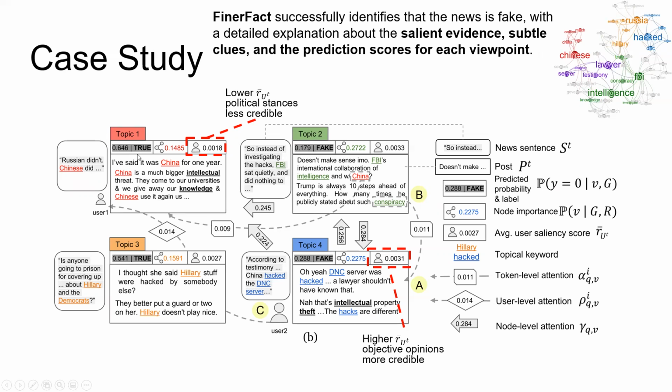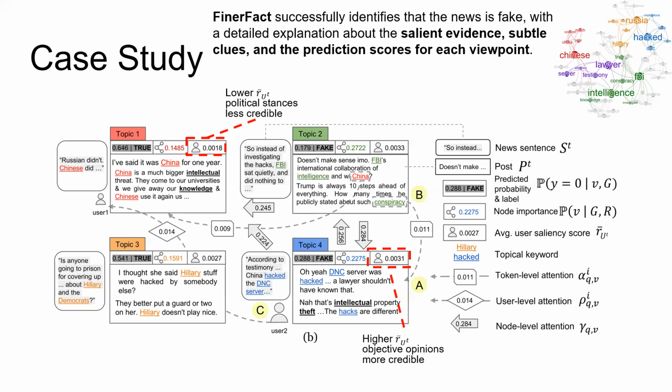A higher score means that the evidence node belonging to this topic predicts that this news is more likely to be true. For example, if we only focus on the evidence node belonging to topic 1, then this news is more likely to be true news.